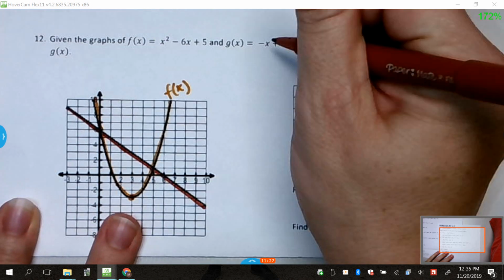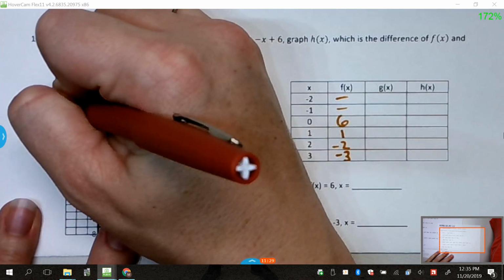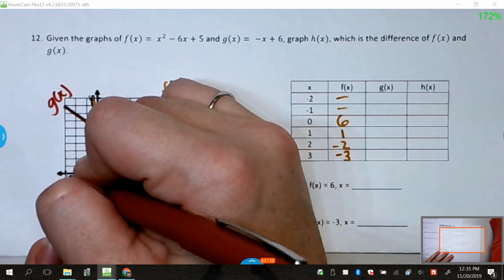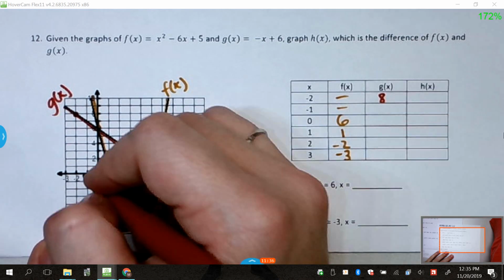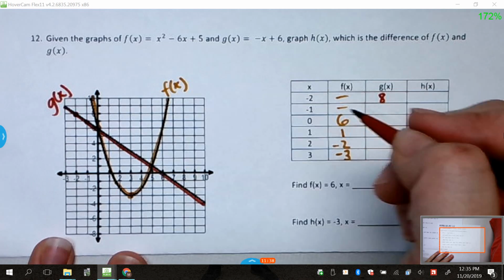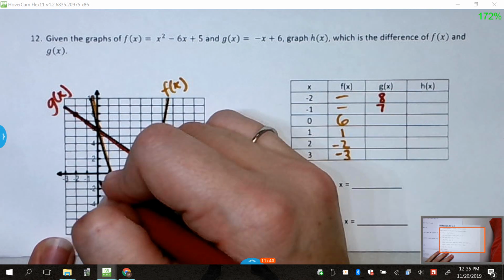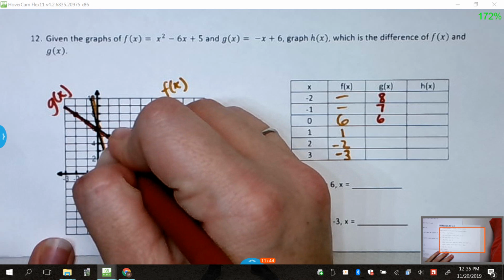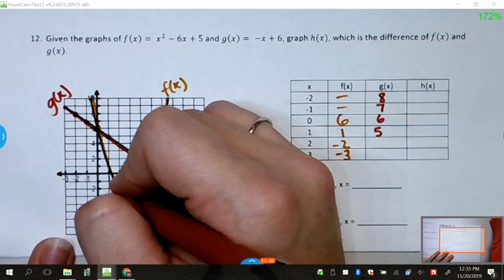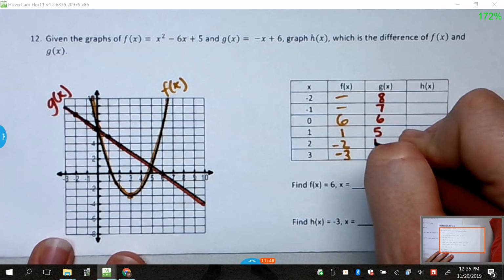The linear line is my linear equation, which is g of x. So at negative 2, it is 8. Negative 1, it is 7. 0, it is 6. 1, it is 5. 2 is 4.